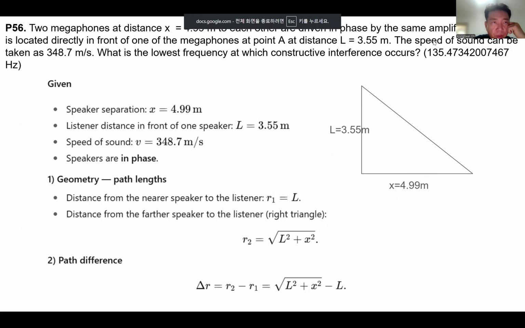So in this problem, it is about the interference of the sound wave.